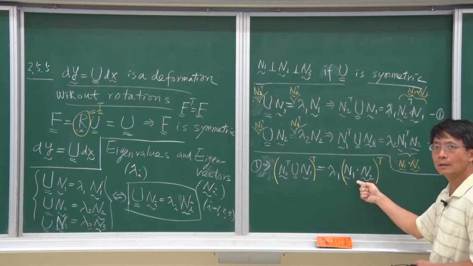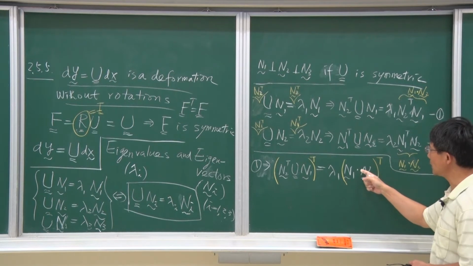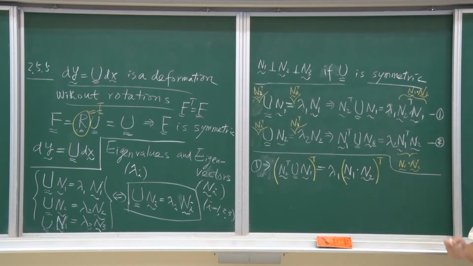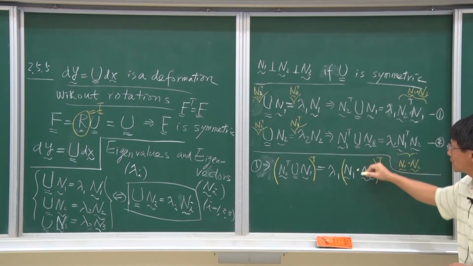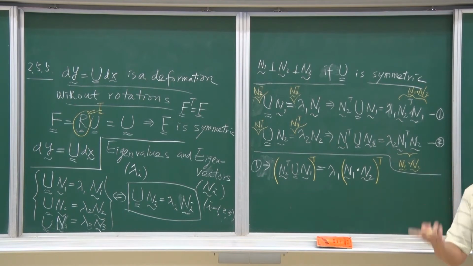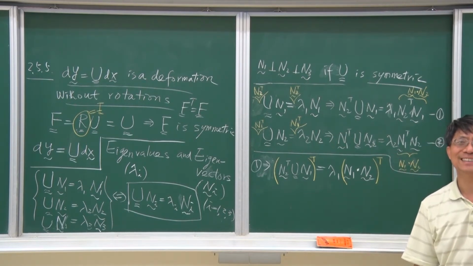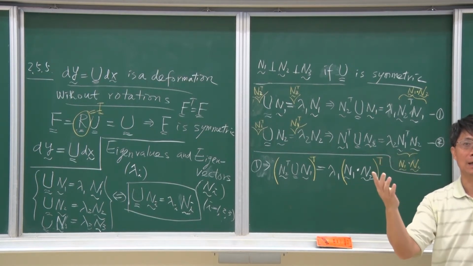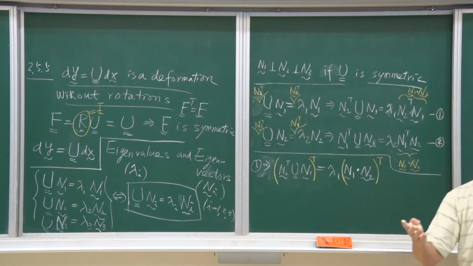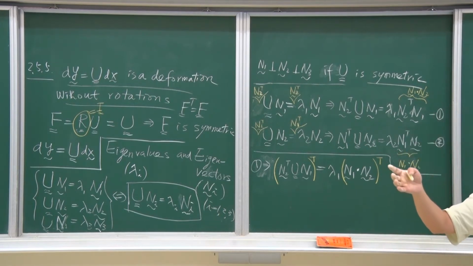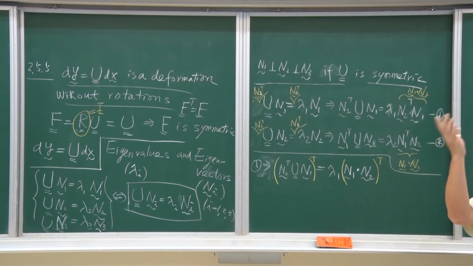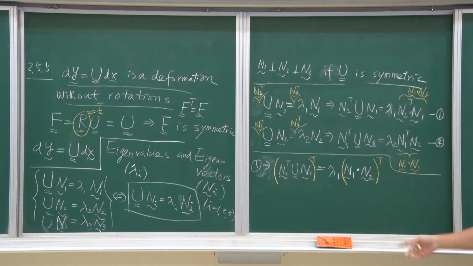Okay, be careful here. This is the inner product of two vectors. The result of the inner product of two vectors will be a scalar too. Understand? You have two vectors, do the inner product, and then you get a scalar. So this is also a scalar.